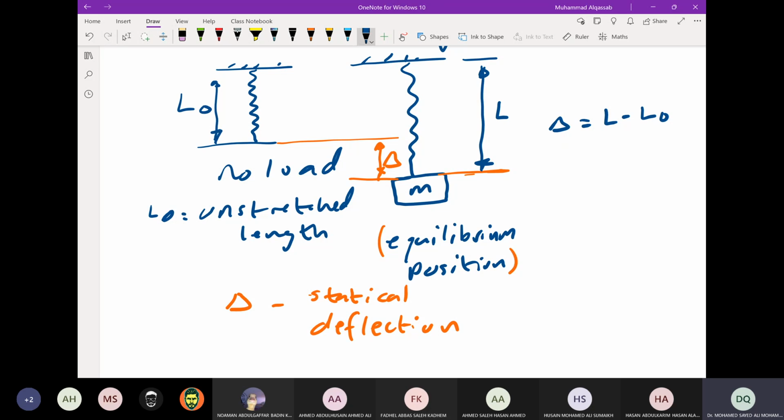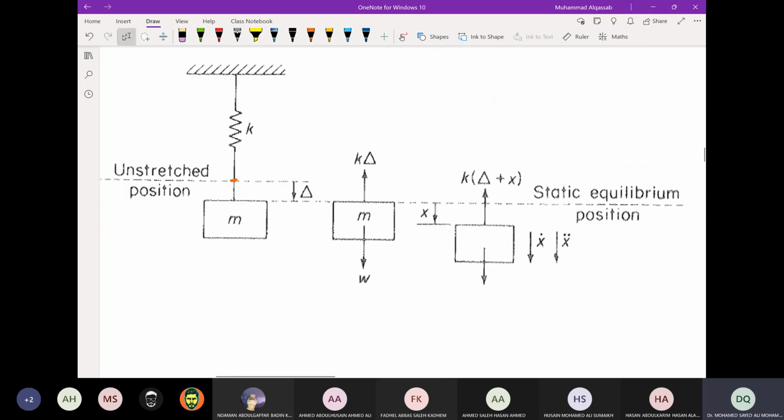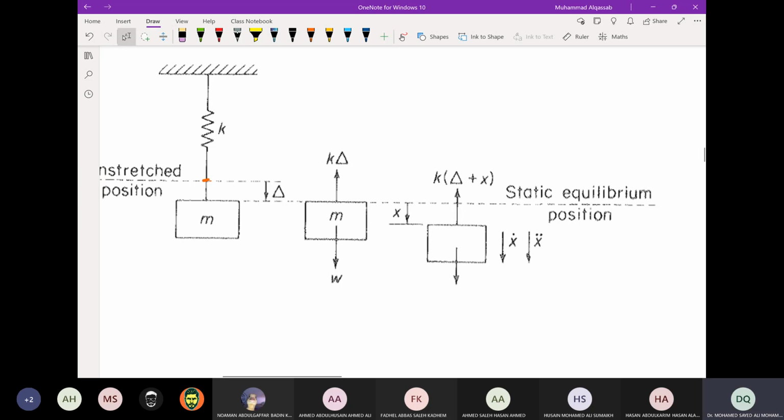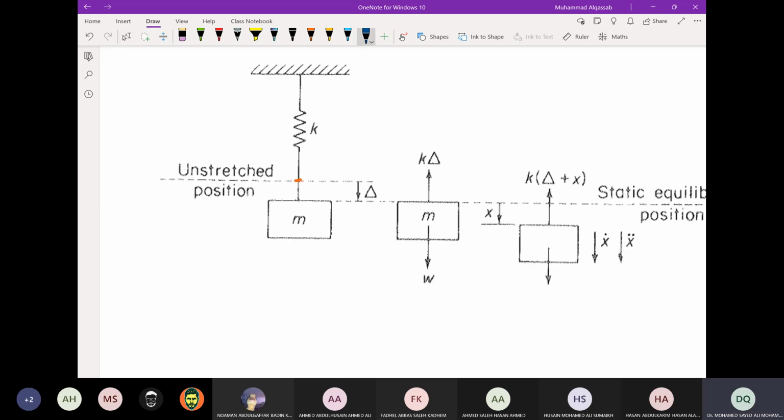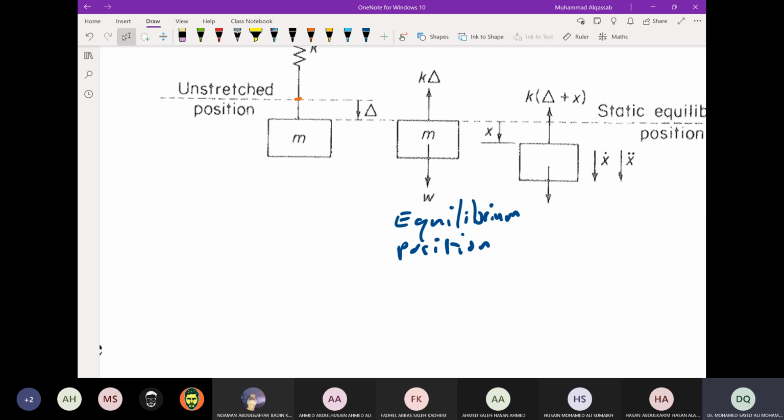But we give it a name, statical deflection, because this is the deflection during equilibrium only. This is the static part; it is not moving here. And then when you give an initial condition, it will oscillate. So this is the equilibrium position, after adding the mass, and then you can put the forces on the mass.